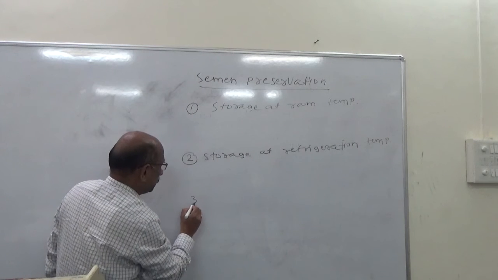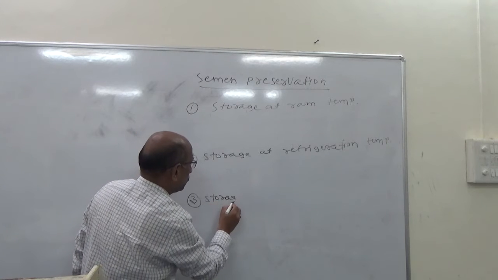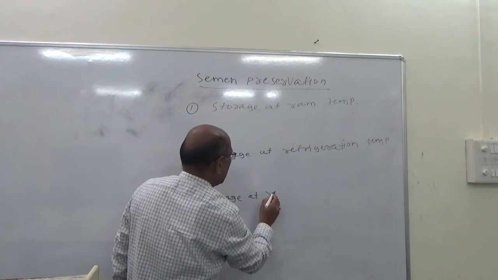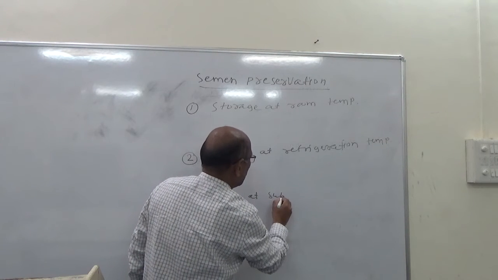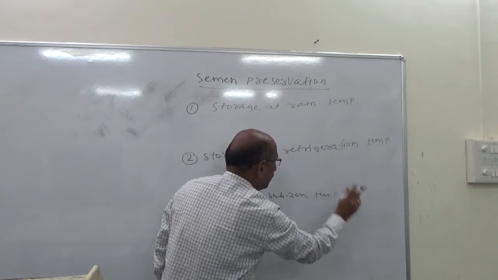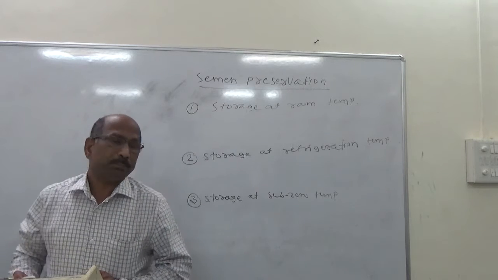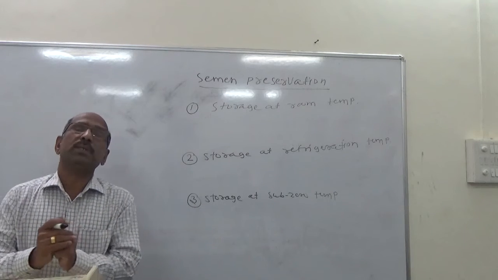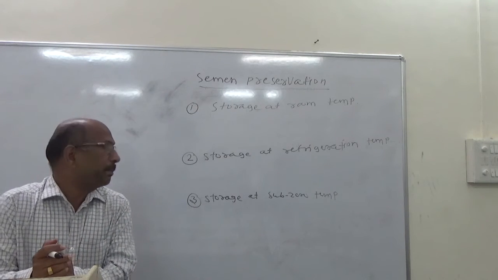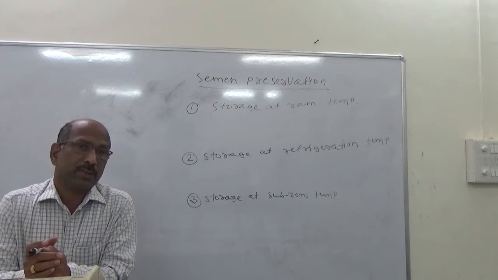And third, storage at sub-zero temperatures. So there are three methods of semen preservation: room temperature, refrigeration temperature, and storage at sub-zero temperatures.